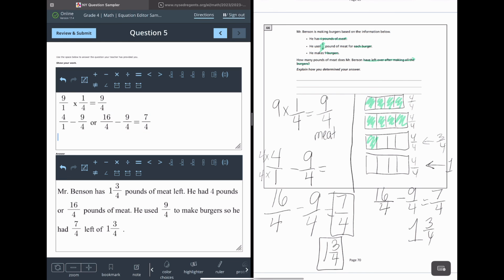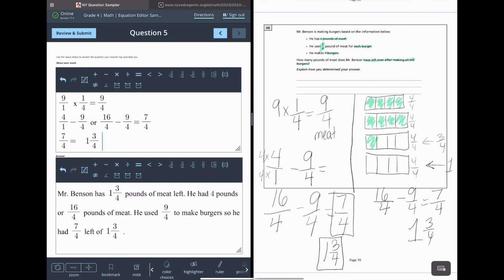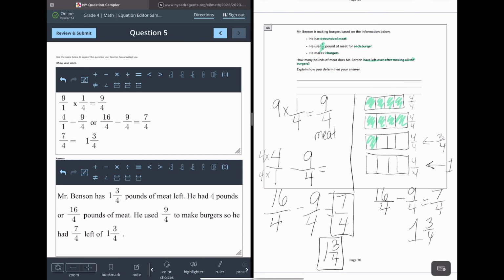And then I can go to the next line and just put 7 fourths is equal to 1 3/4. So this could be the first thing you put in if I was doing the one on the left.